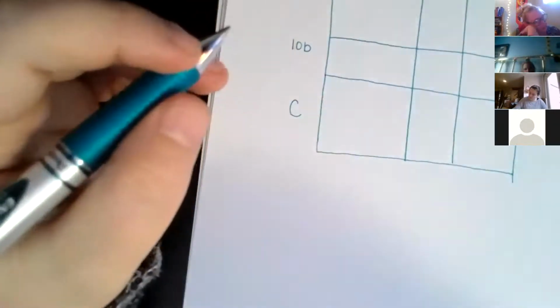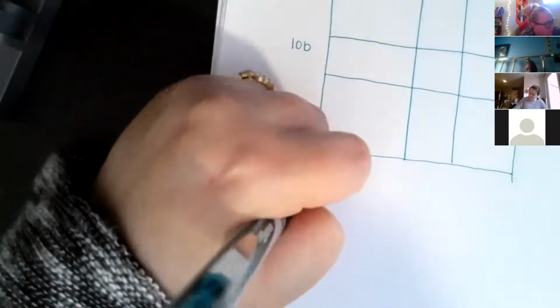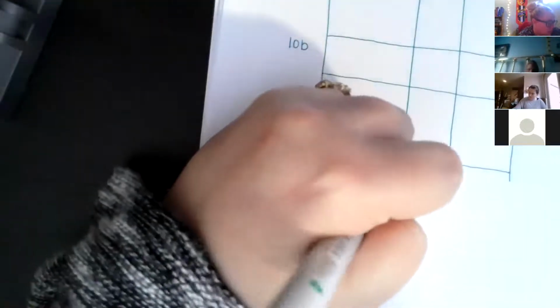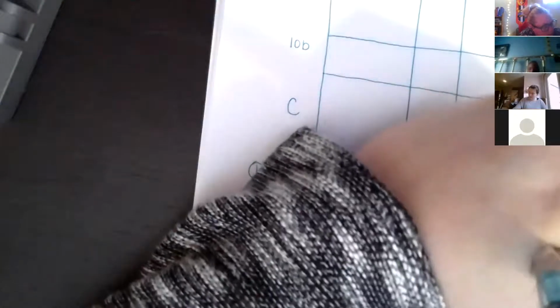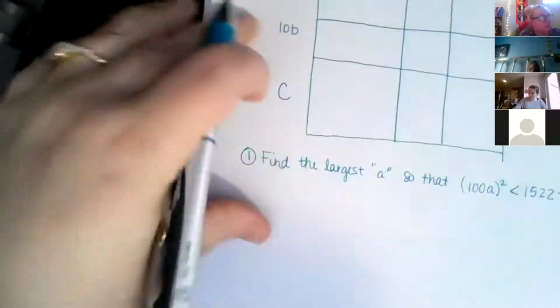So if I do the same process again, find the largest A so that 100A squared is less than 1522756.